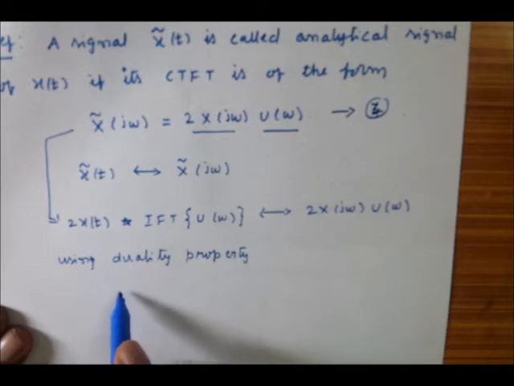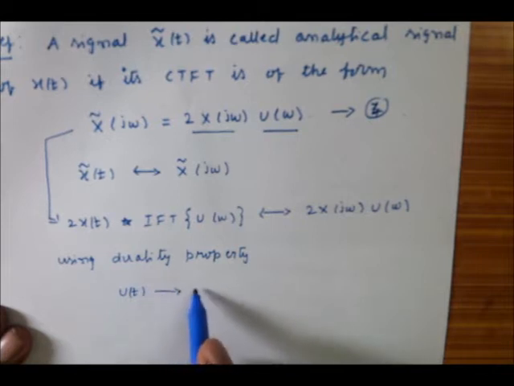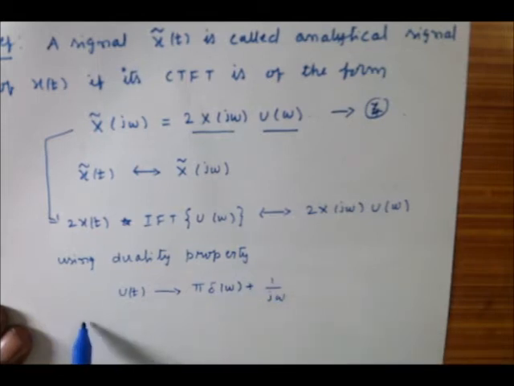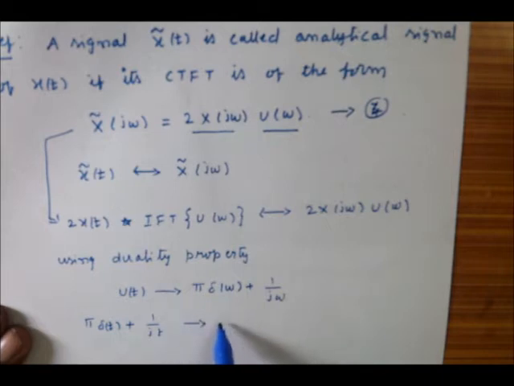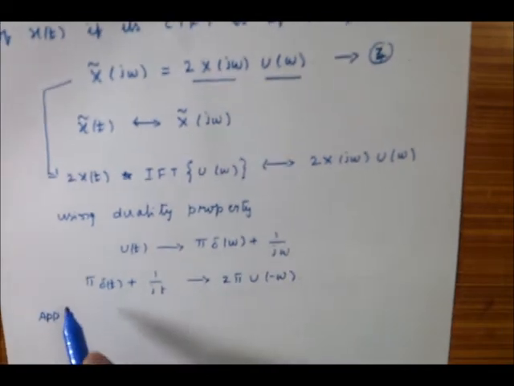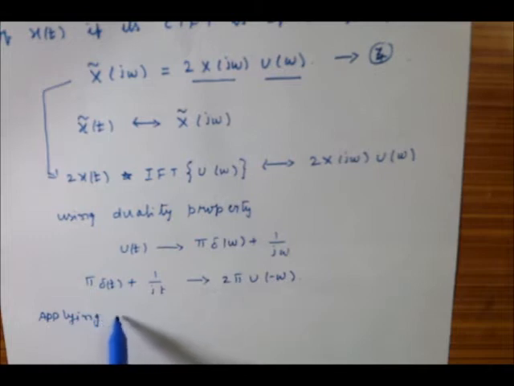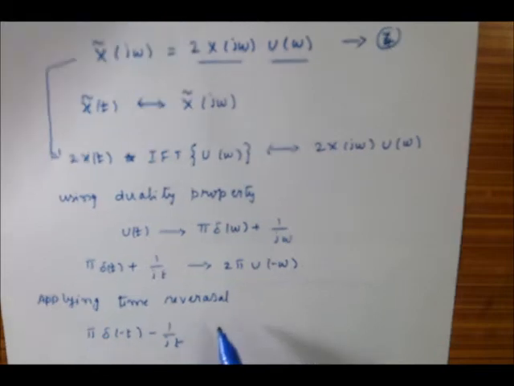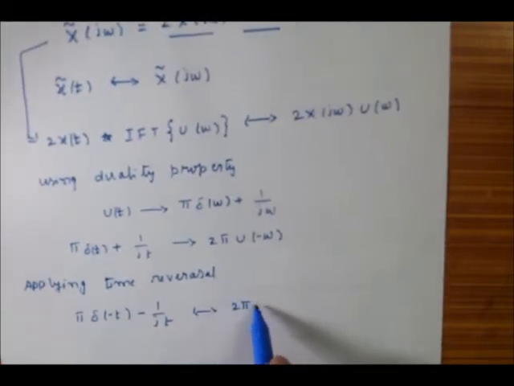u of t, we know, will have pi delta of omega plus 1 by j omega as the Fourier transform. So obviously pi delta of t plus 1 by jt will have 2 pi into u of minus omega as the Fourier transform. Again applying the time reversal property, we get pi delta of minus t minus 1 by jt will have 2 pi into u of omega as the Fourier transform.